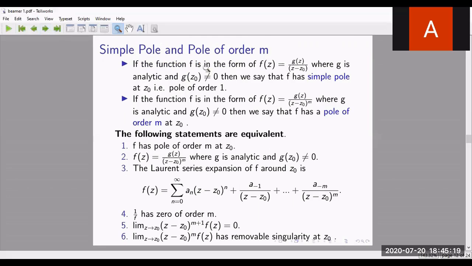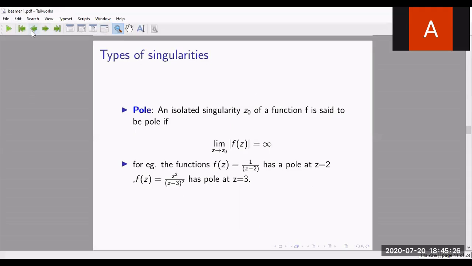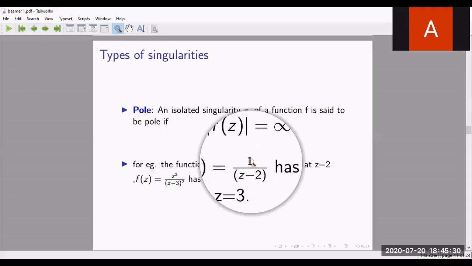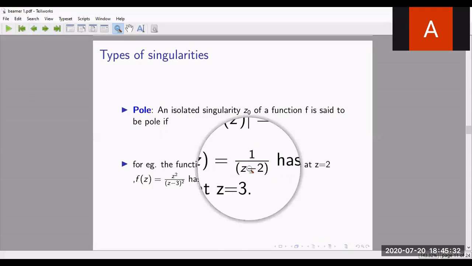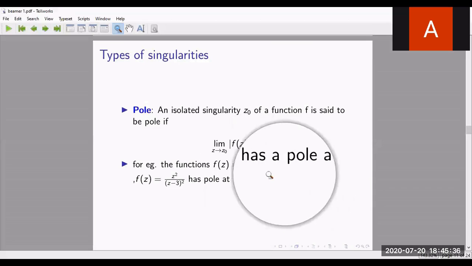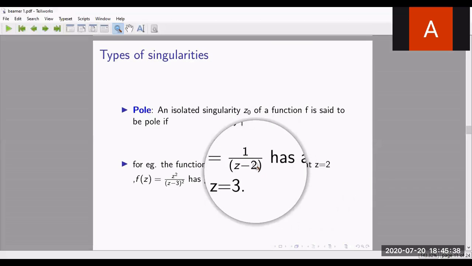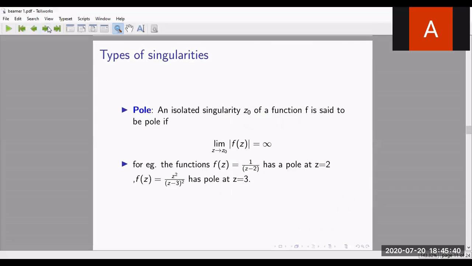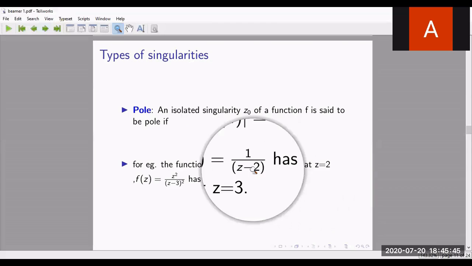If my function is in the form of g of z by z minus z naught, as in the earlier example we have seen, here if we consider g of z as 1 and z minus z naught, what is our point here? 2. At z equals 2 the function has a problem, so z naught means this is a pole of order 1. Now why am I saying pole of order 1 or simple pole?